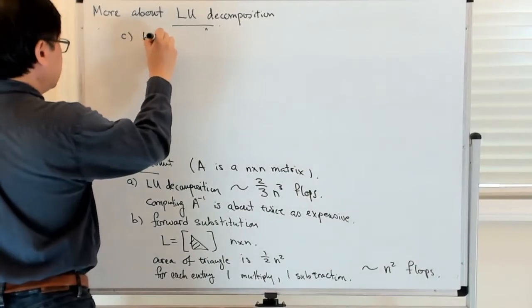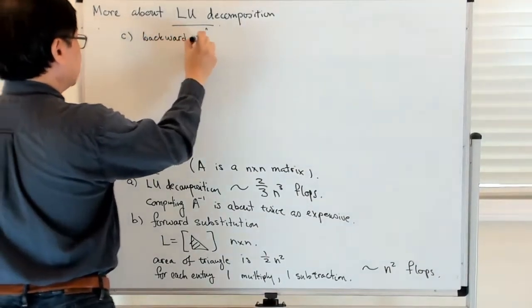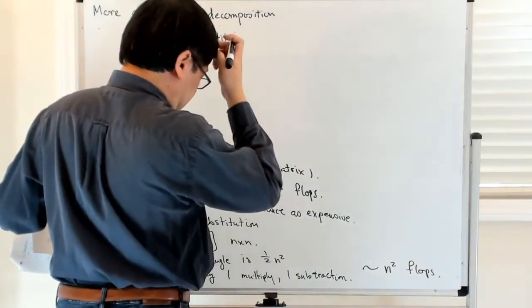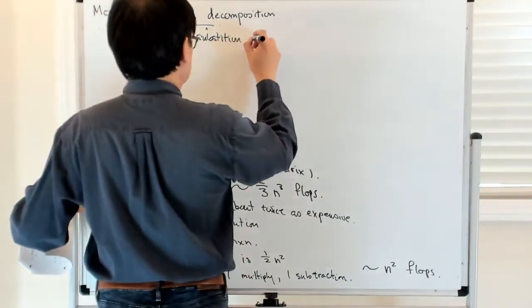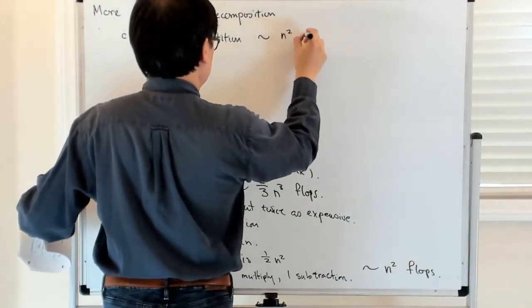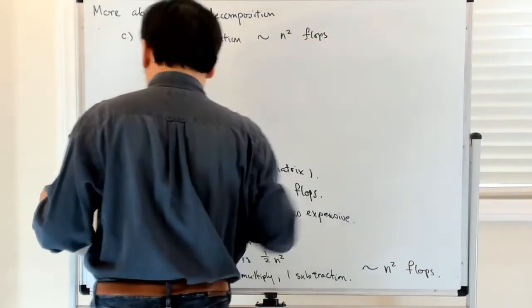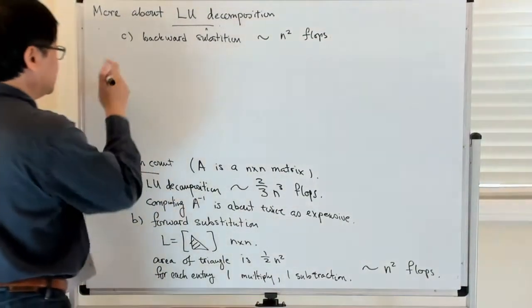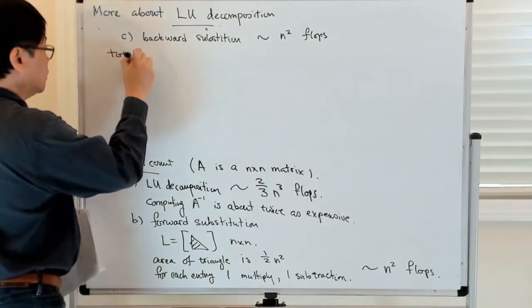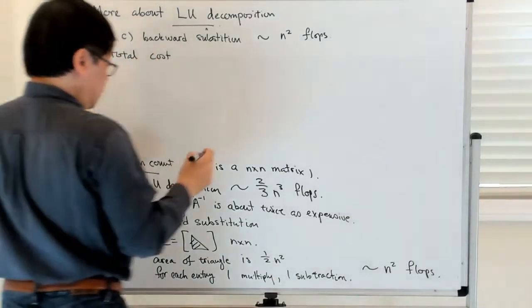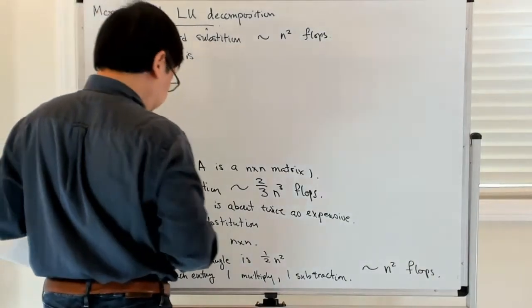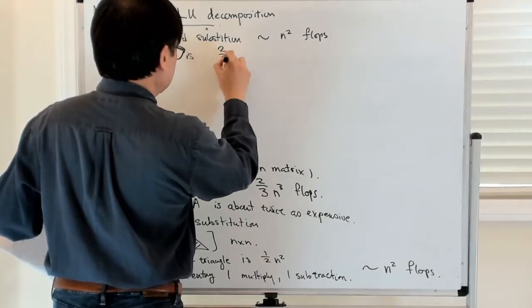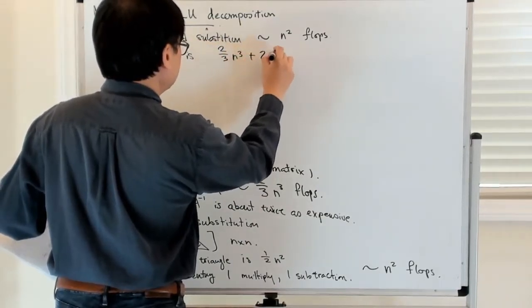So backward substitution, by essentially the same argument, takes n squared flops as well. So the total cost is 2/3 n cubed plus 2n squared.